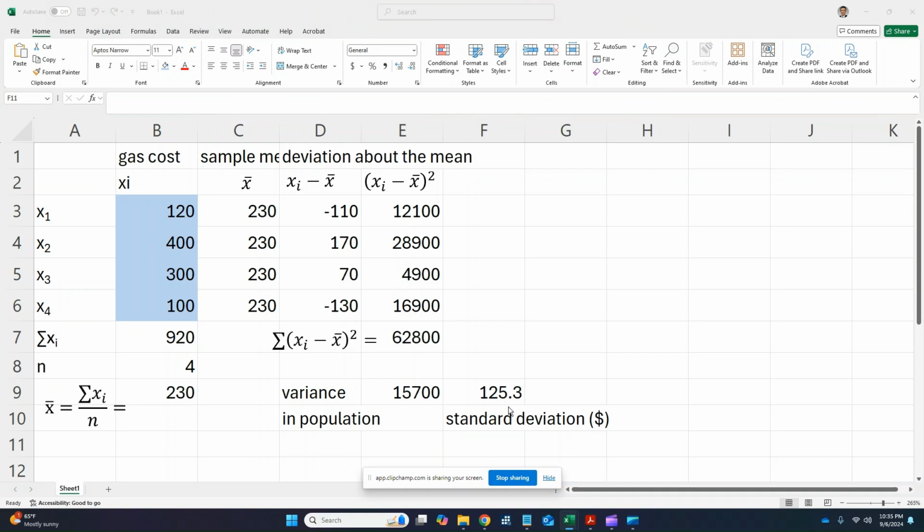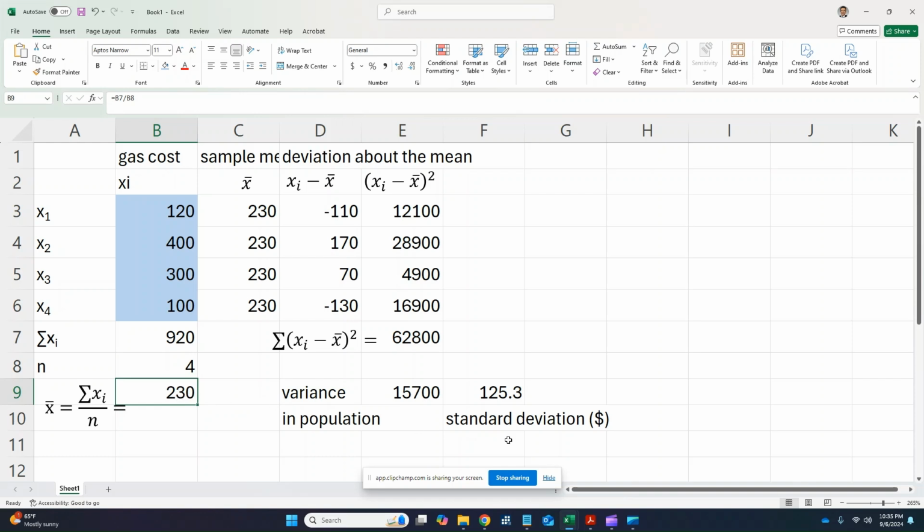So this standard deviation is also in dollars. That is $125.3. So the new student can expect that, okay, the average is 230, but it can vary by $125 per month. Like it can go 125 below or 125 above the mean.